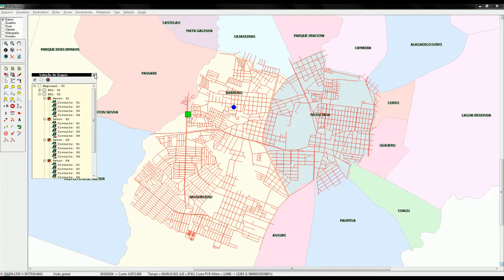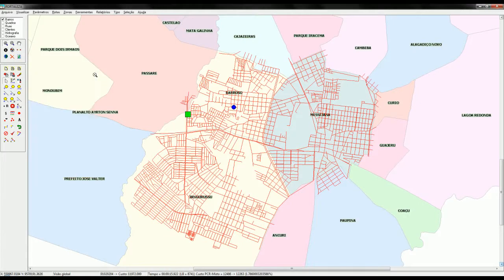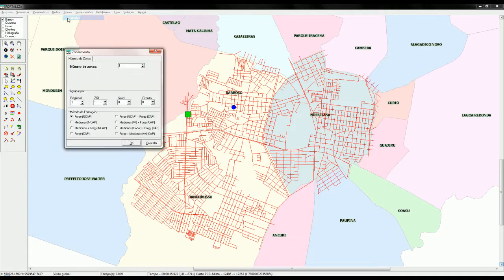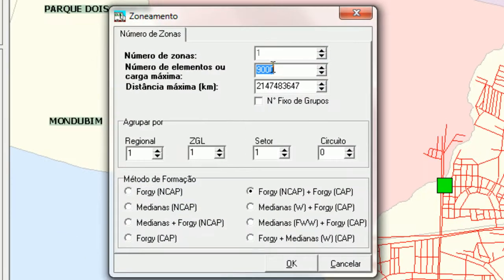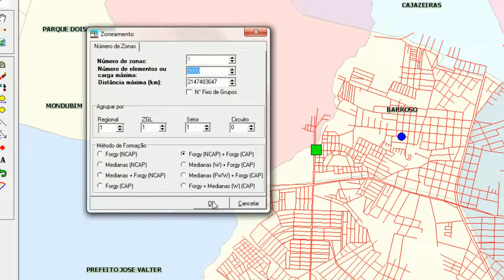Let's show another way to plan routes. We can consider this area of the map as one only big sector, so we can generate the circuits and check the grouping that has been done.